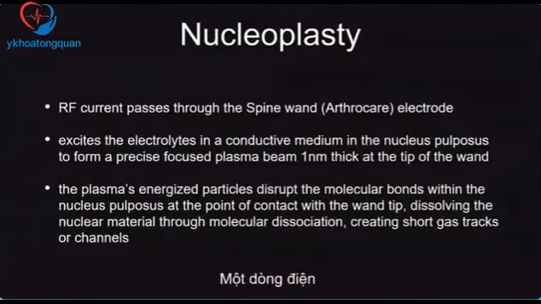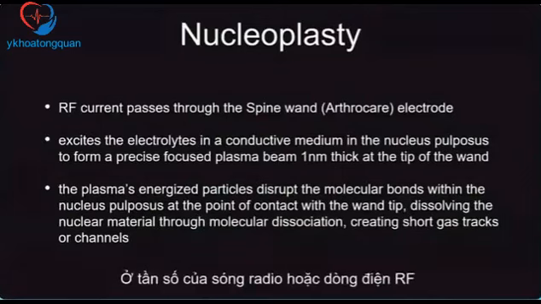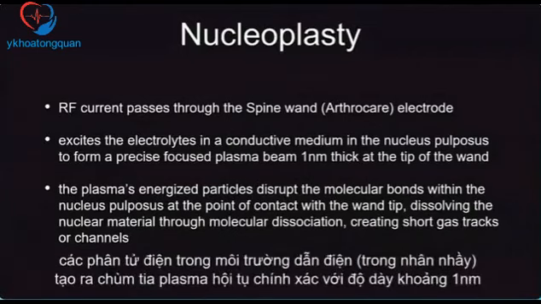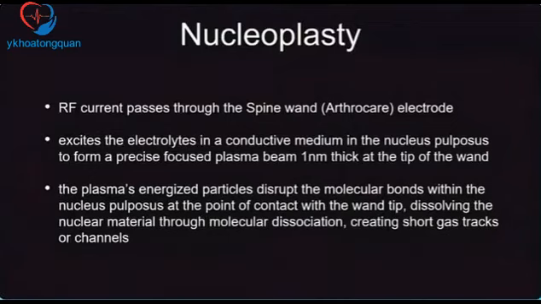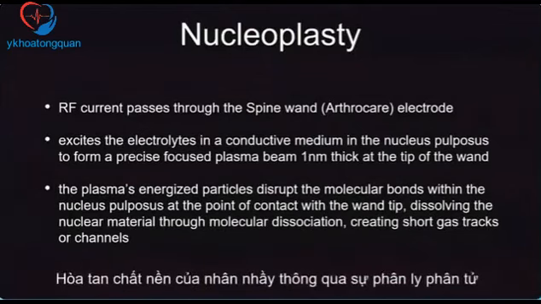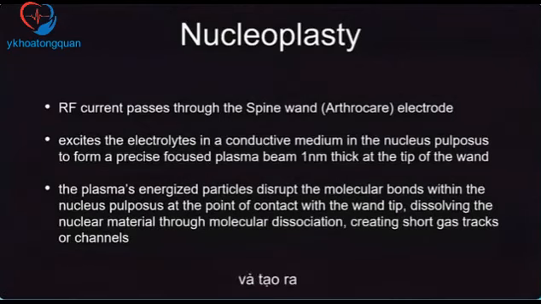Essentially, an RF current passes through the Spine 1 electrode, and this excites the electrolytes in a conductive medium to form a precise focused plasma beam approximately 1 nanometer thick at the tip of the wand. The plasma's energized particles disrupt the molecular bonds within the nucleus pulposus, dissolving the nuclear material through molecular dissociation and creating short gas tracts or channels.